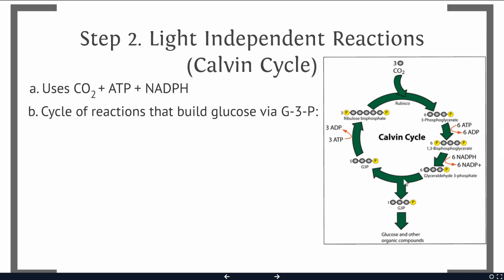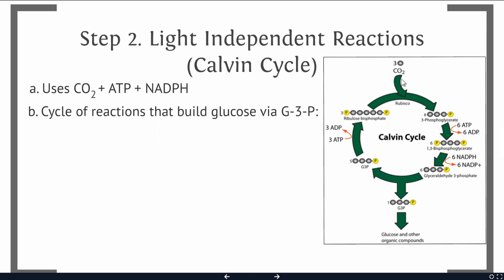And as it runs through that cycle of reactions, it's going to build glucose by building something called G3P. You don't need to know the specific names of this, but it's glyceraldehyde 3-phosphate. And it's a 3-carbon molecule that comes out of the Calvin cycle.